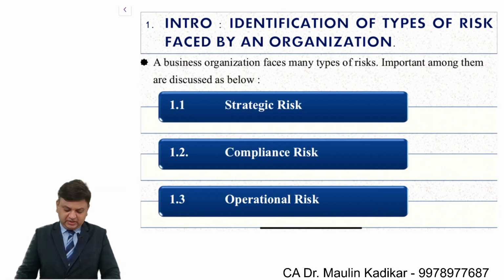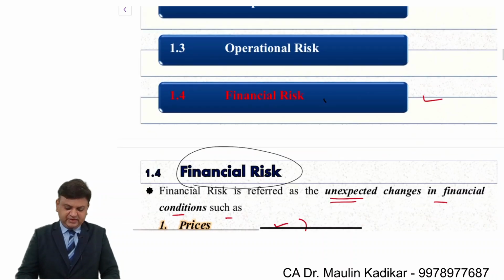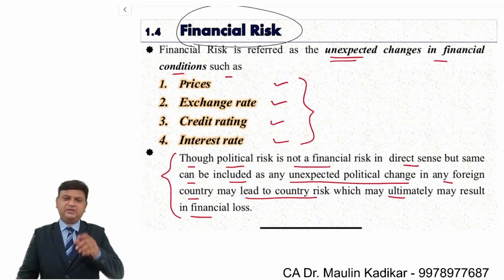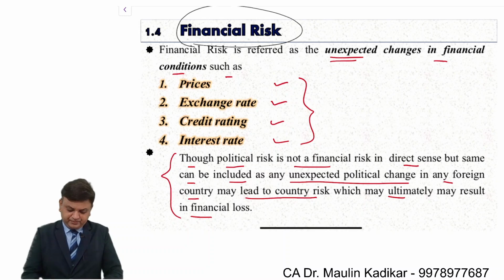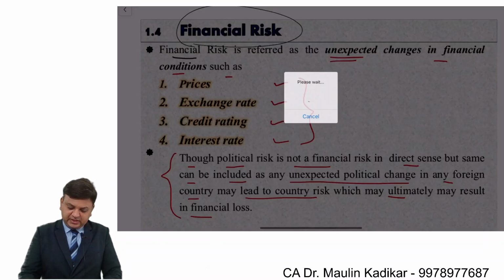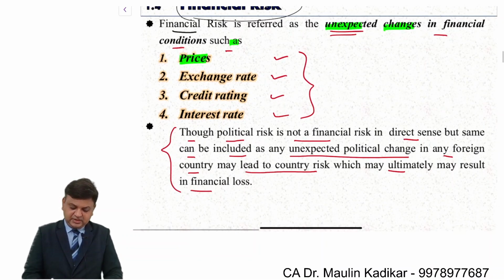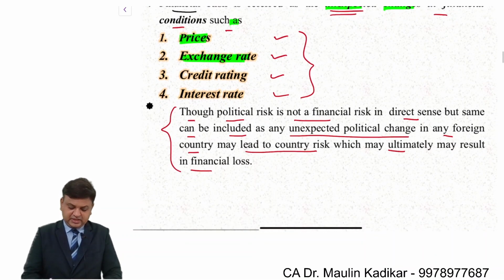So friends, whatever financial risk we have studied initially, they are giving further explanation for that. Before we read that, let us have a small revision of this portion. Financial risk is referred to as unexpected changes in the financial condition, such as the prices, exchange rate, credit rating, and interest rate.